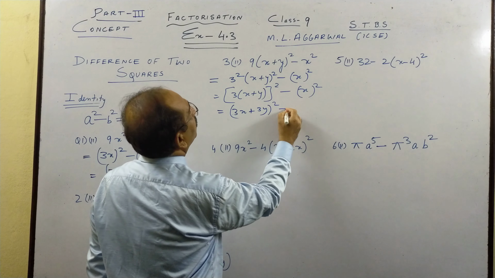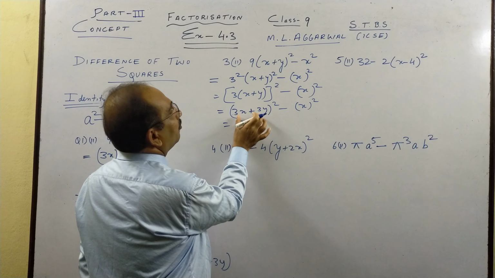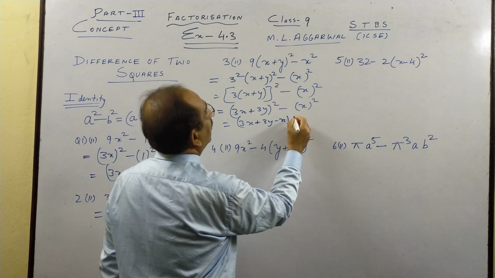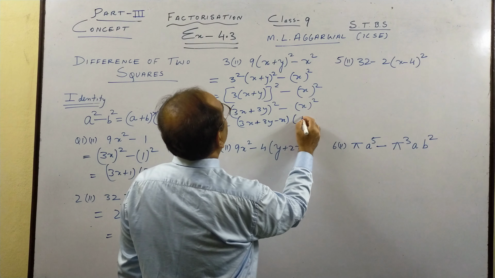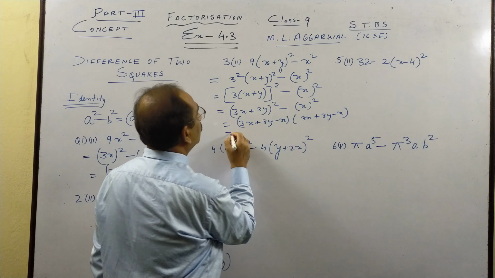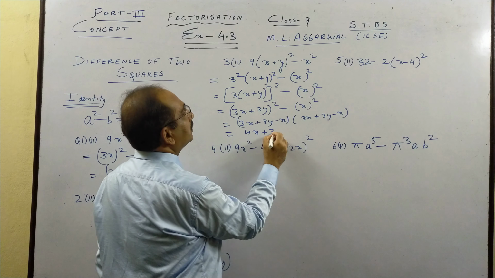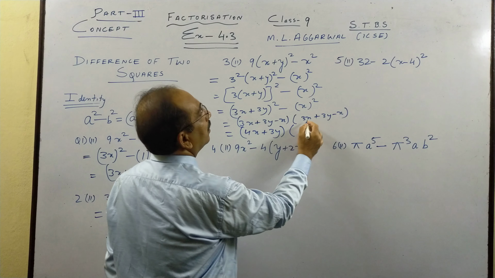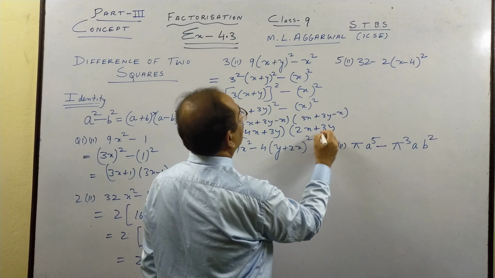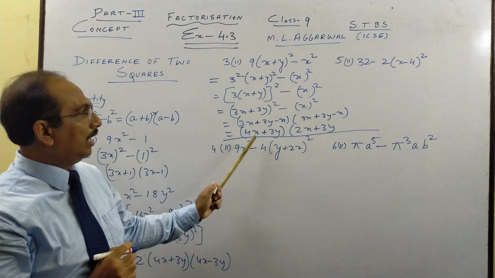So whole square. Now finally I come 3x first thing square minus second thing square. So this is what I get, 3x plus 3y minus x. So if you see 3x minus x is 4x plus 3y, and here it is 3x minus x, 2x plus 3y. So this is your answer to this.